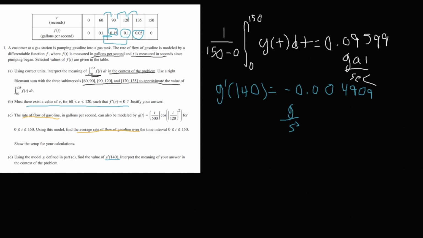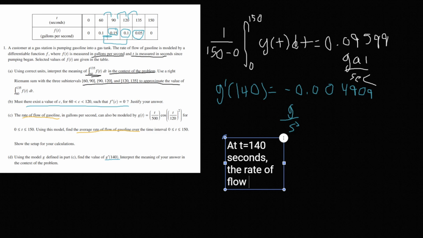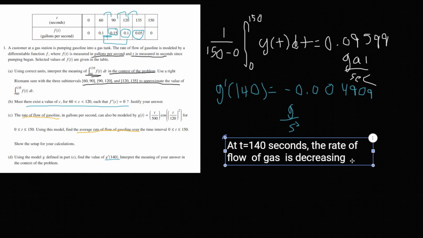And so now it says interpret this. So at t equals 140 seconds, the rate of flow of gas is decreasing. And what is it decreasing at?